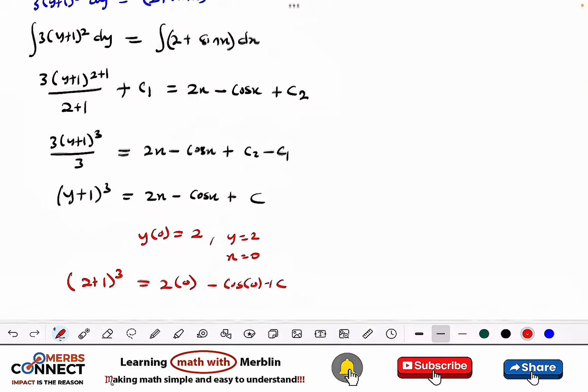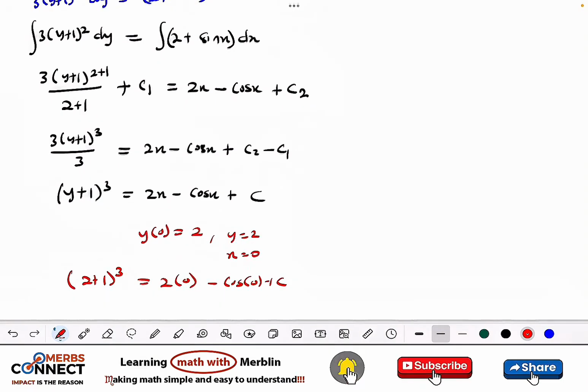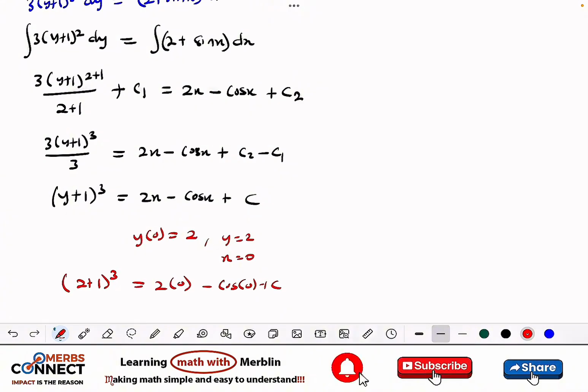So what are we going to get from here? We are going to get 3 to the power 3 equals 0 minus cos 0, which is 1, plus c. And this implies that 3 to the power 3 is, I think, not 27. Yeah, it's supposed to be 27. And this will be minus 1 plus c. This implies that c should be equal to 28.